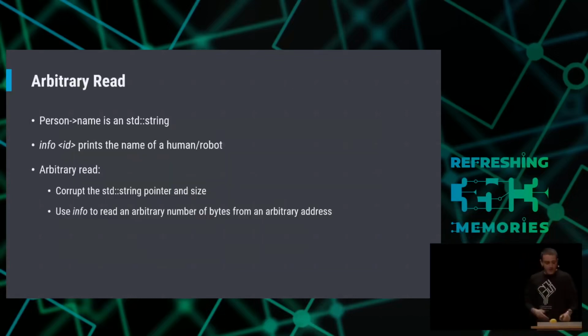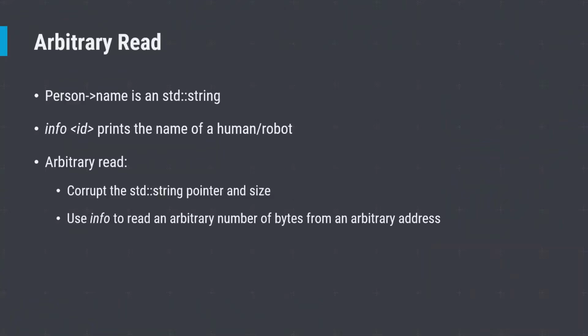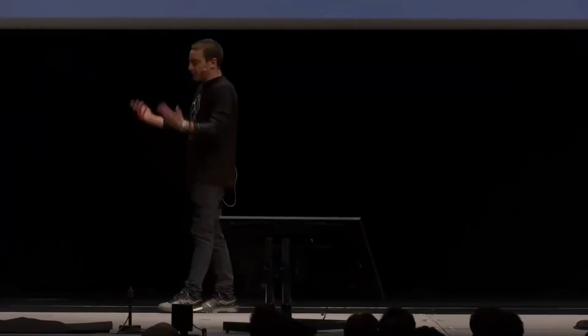OK, now that we can allocate some other objects on the same freed person address in memory, we can start building primitives. Because of course we want arbitrary code execution, we need to gain relative or arbitrary read-write. Each person has a name, a std string name, and the interface lets you dump the name, printing it over the socket with the info command.